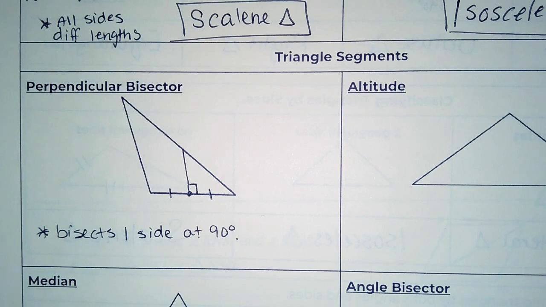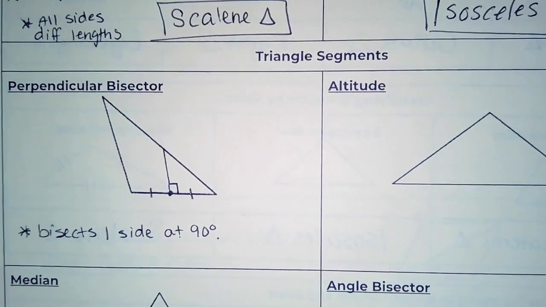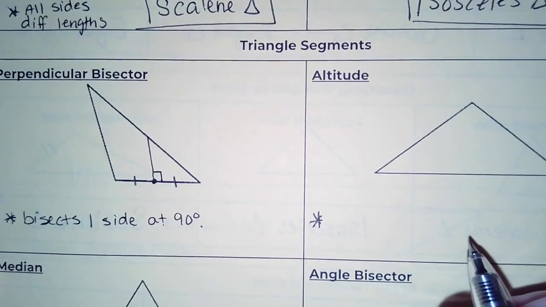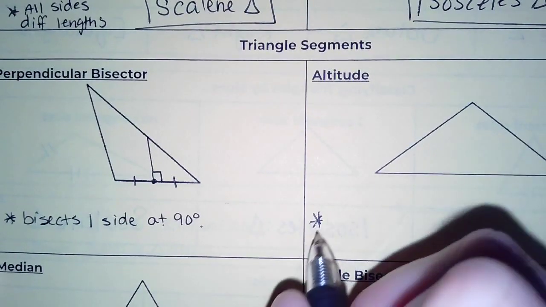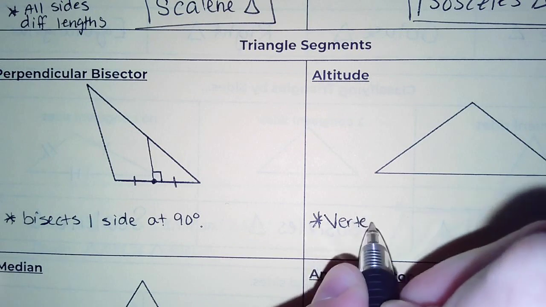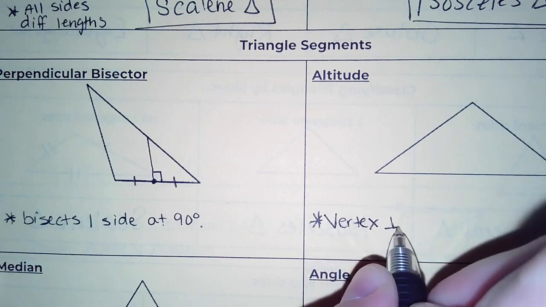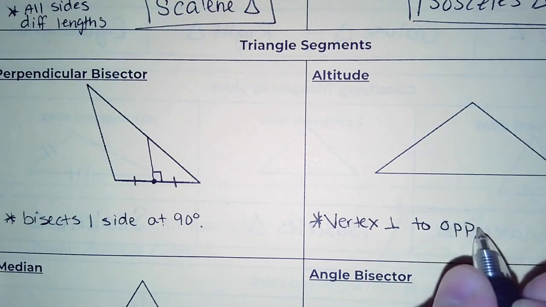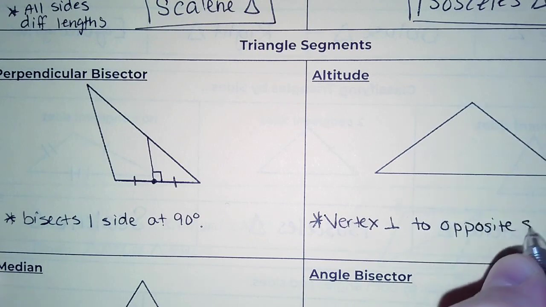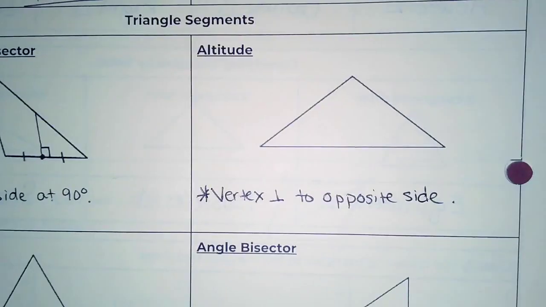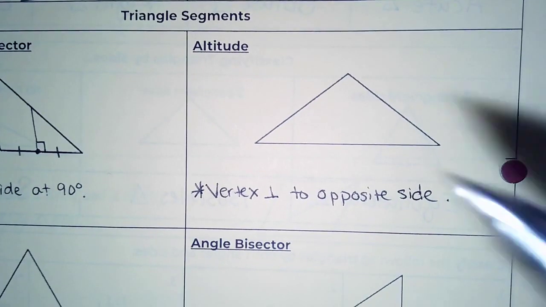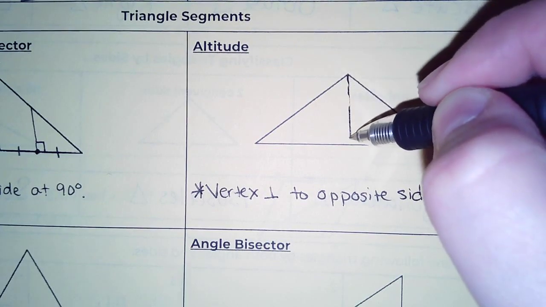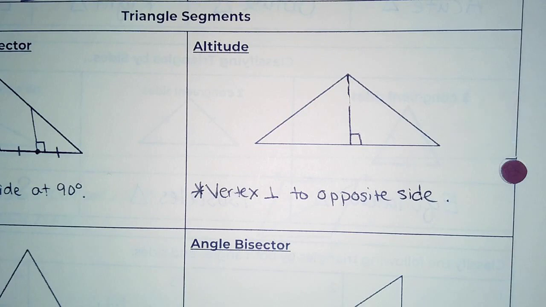The next one is an altitude. So an altitude is kind of like height. If we don't have a height indicator or a right triangle. So this is the vertex that's perpendicular to the opposite side. So I'm going to take this vertex here and bring it straight down to the opposite side, and it'll be perpendicular.